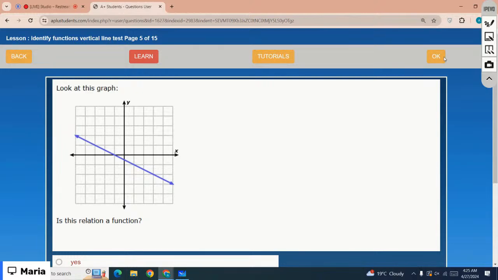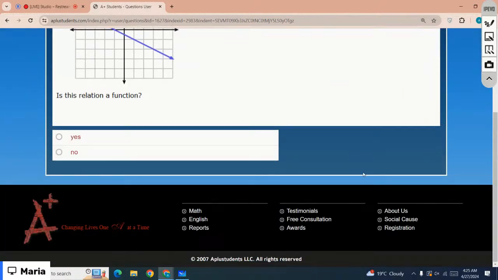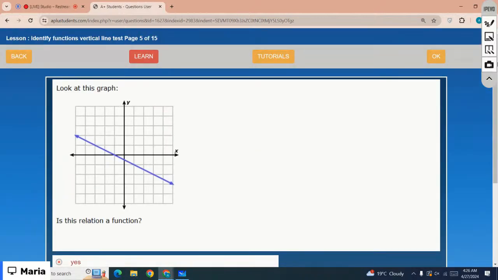Is this function a relation? The correct option is yes, it is. Because if you make a straight line, it intersects the graph at only one point. So, the correct option is yes.